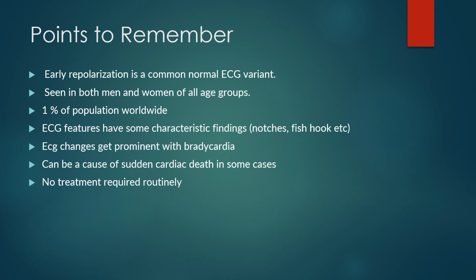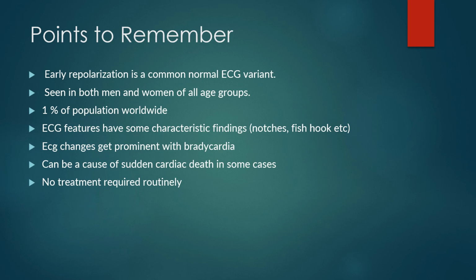Now, finally, some points to remember, especially in the case of early repolarization. It's a common variant, and this is a normal physiological ECG pattern. You have to remember that, because you have to differentiate this from other serious, fatal issues like myocardial infarction.